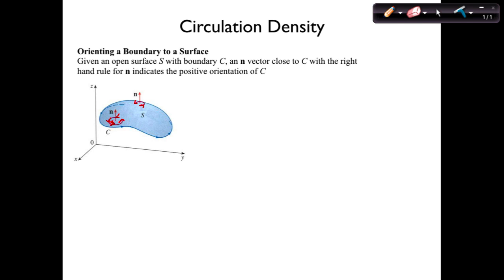So when you get close to C, then C will go that same way. Like here, it's going left to right as you get close to C, so right there, C is also going left to right.